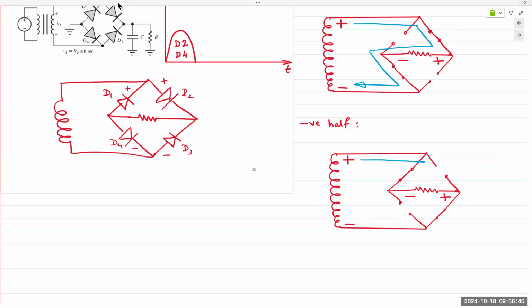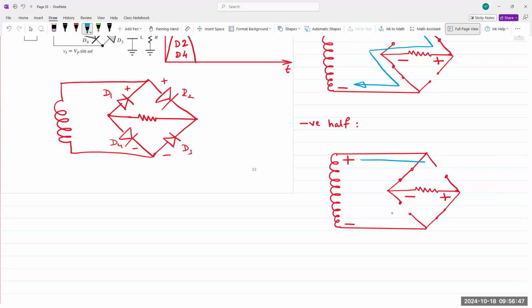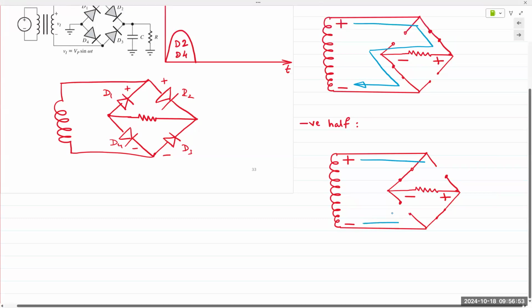And the current flows. Actually, I need to change the signs, but hold on. Flows in this direction.